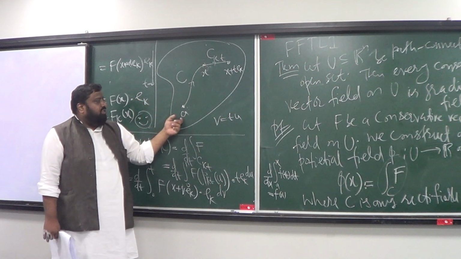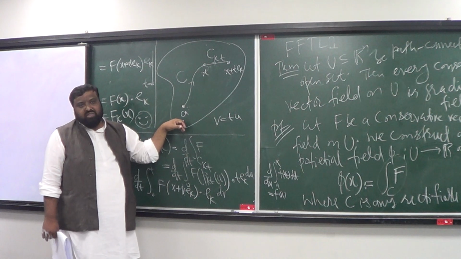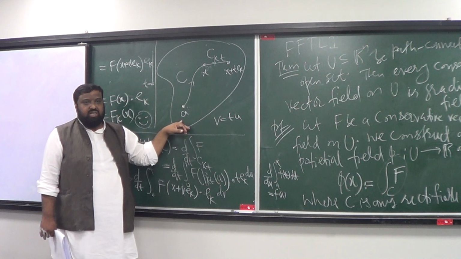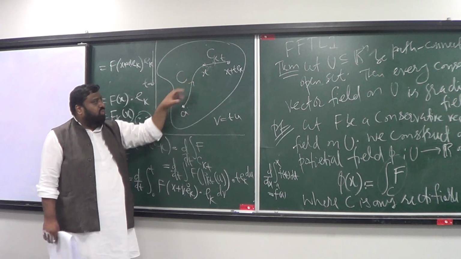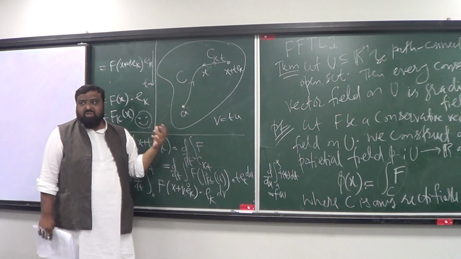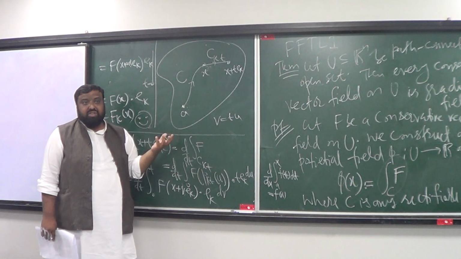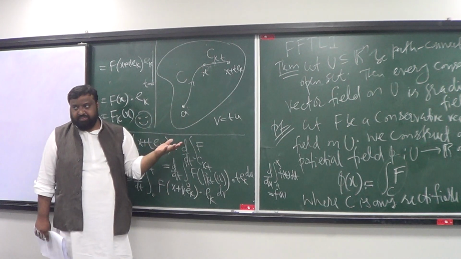So what I did, I took a point A and fixed it. I can fix any point. And then on this entire U, the domain or the path connected set, I would like to define a potential for the F, because I need to prove that F is a gradient field.